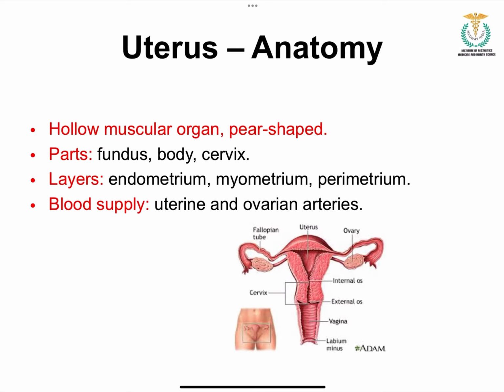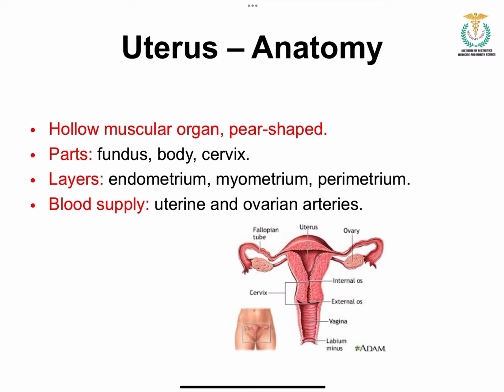Moving on to the uterus. The uterus is the most important part in both gynecology and obstetrics. The uterus is central to reproduction, and there are many clinical cases. We'll see fibroids, adenomyosis, and cancers as common pathologies of the uterus.